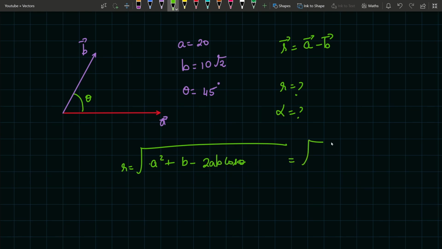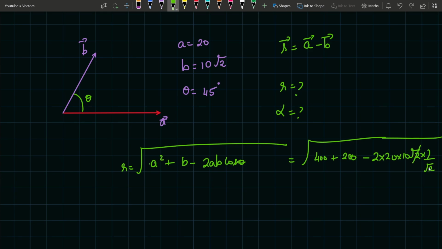So here a is 20, so 20 square is 400, plus b is 10 root 2, the whole square is 200, minus 2 into 20 into 10 root 2 into, what is cos 45 degrees? 1 by root 2.